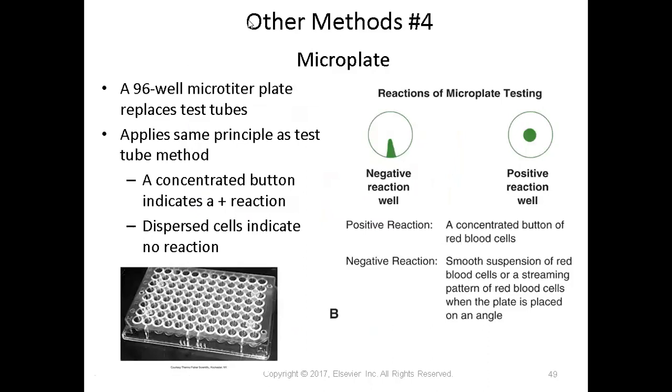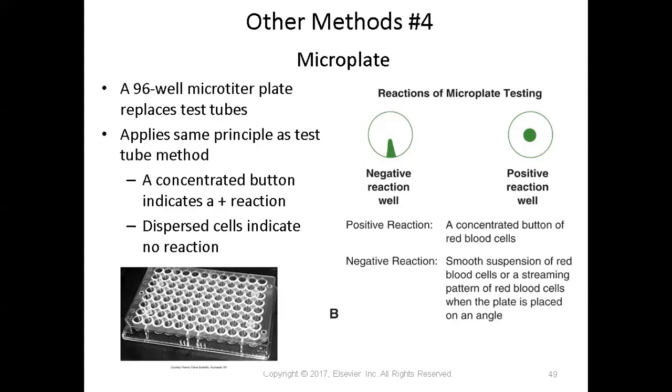So we're going to move away from the gel method, and we're going to talk a little bit about testing done in microtiter plates. When you're working at a very large institution, and this is a shout out for Christine, the Red Cross basically processes hundreds and hundreds of donors on a daily basis, and they're not going to be sitting there doing this in a test tube.